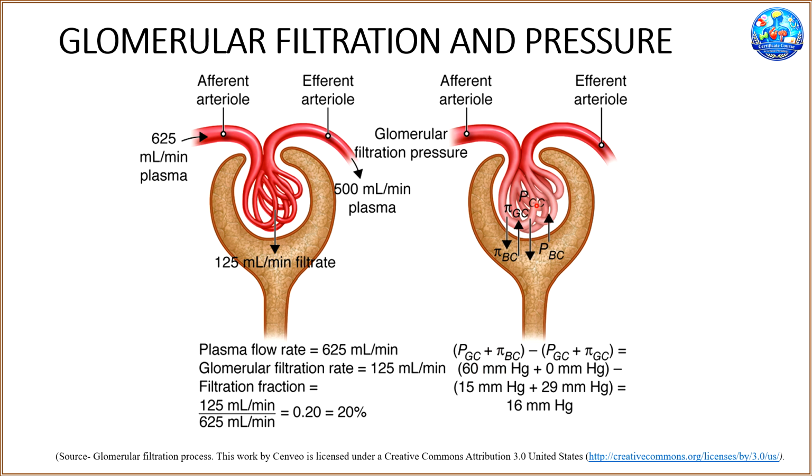This one pushes the fluid into the Bowman's capsule, while the two opposing forces are the capsular hydrostatic pressure of around 15 mmHg and the osmotic pressure of the plasma proteins present in the blood, which also opposes filtration, at around 29 to 30 mmHg. So finally, when you evaluate the net filtration pressure, it will be around 16 mmHg.